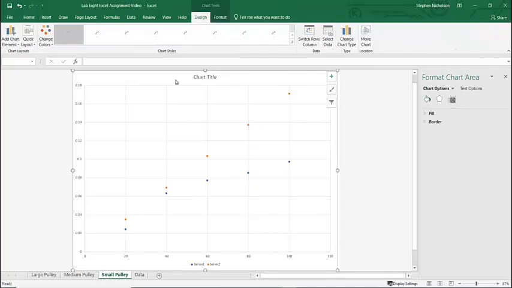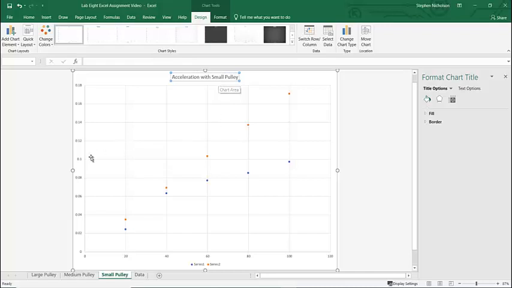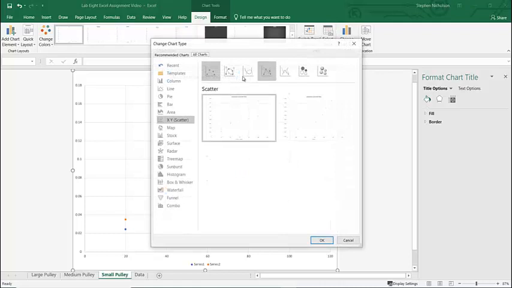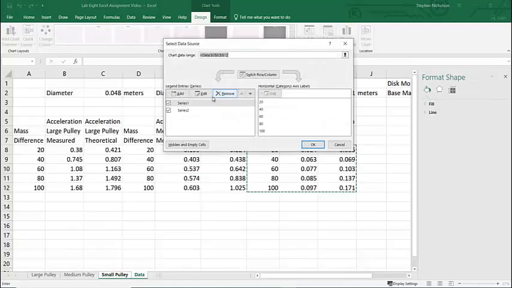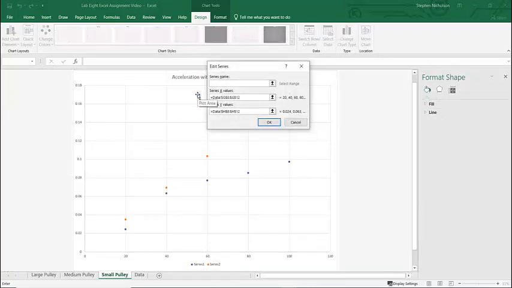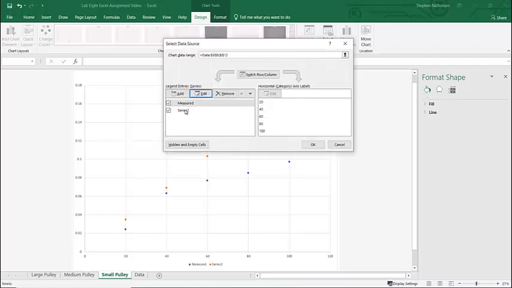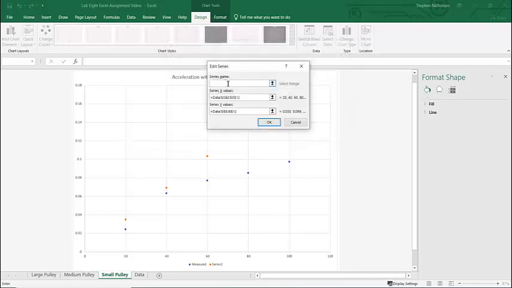And then finally the small. So we get the title. Change the titles for the series names.